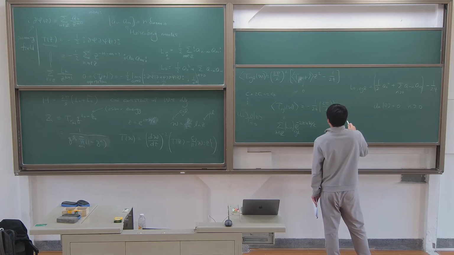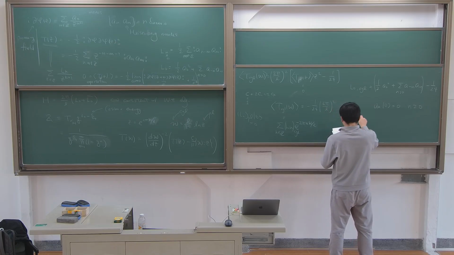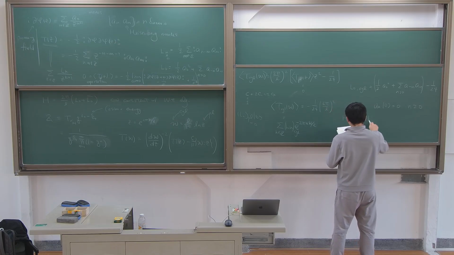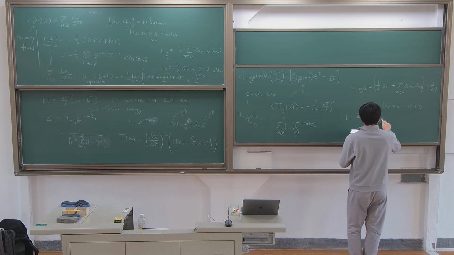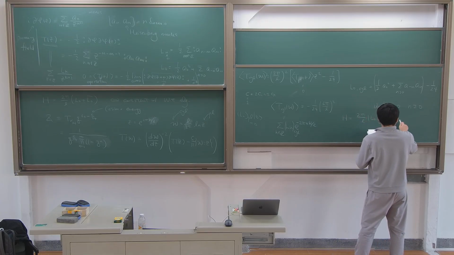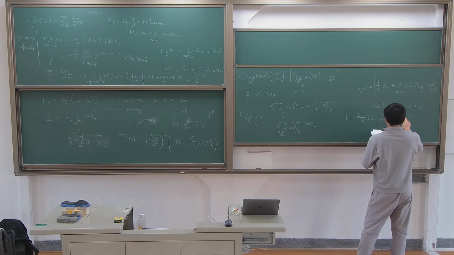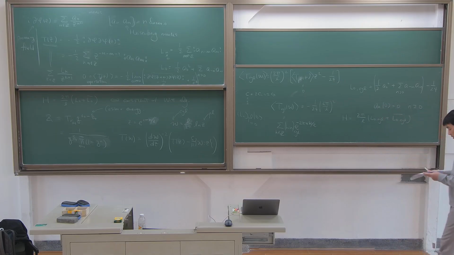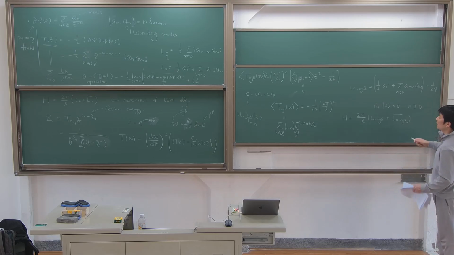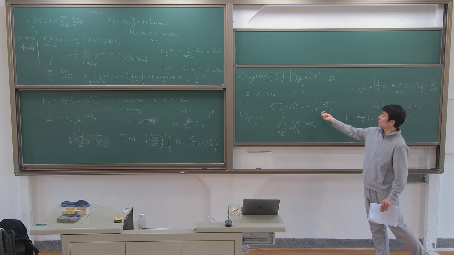so therefore the Hamiltonian, if you write it down, is 2 pi over L times L0 cylinder plus L0 bar cylinder. If you write it down this way, it's totally fine.